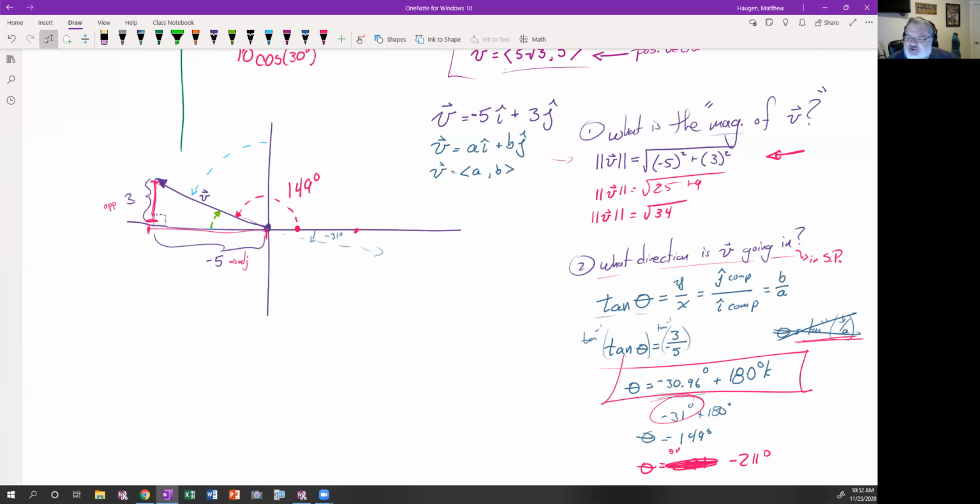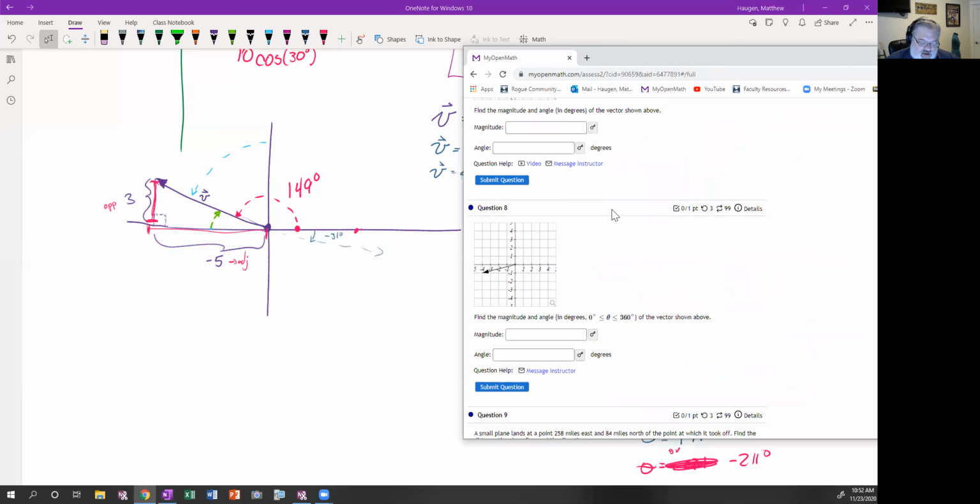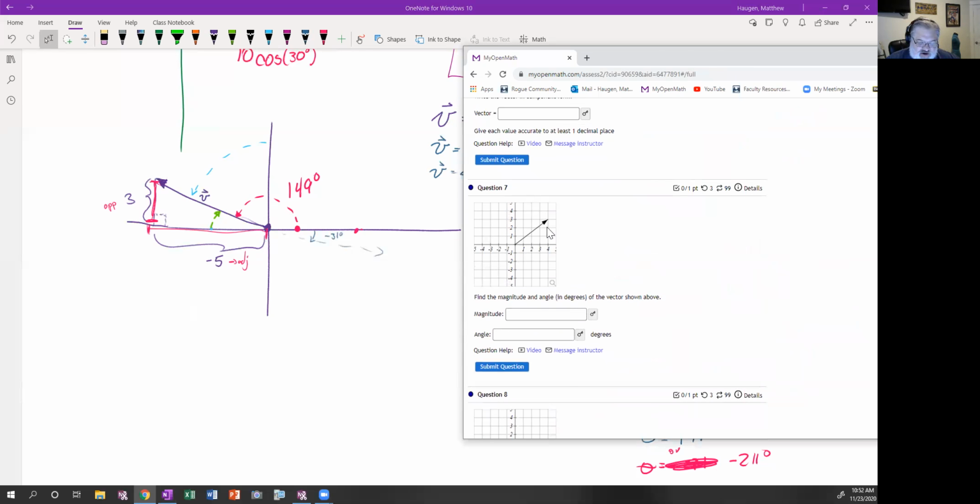Let me see. What else do we got here? Some of those magnitude direction problems in 8.3 will do that. Just to show you, question 7 here, you'll be able to use the principal tan inverse because it's going into quadrant 1.